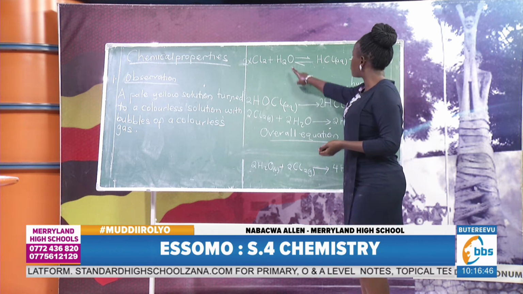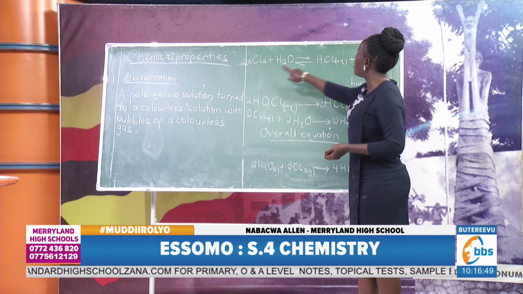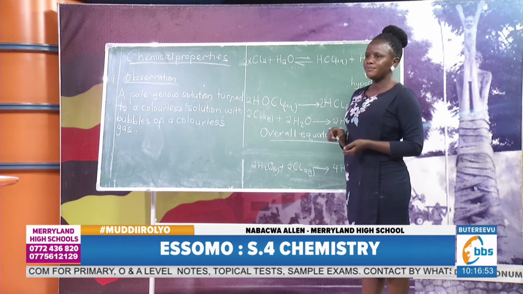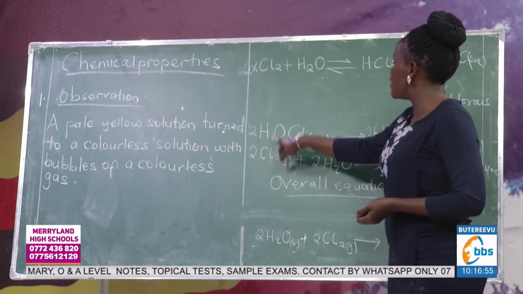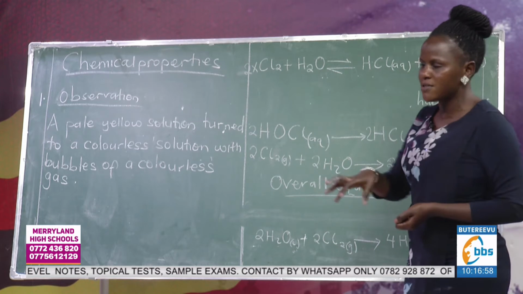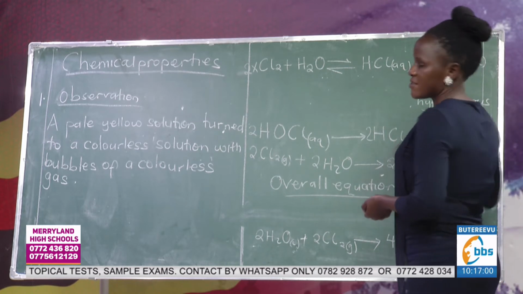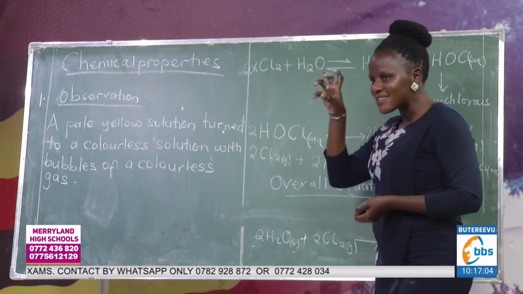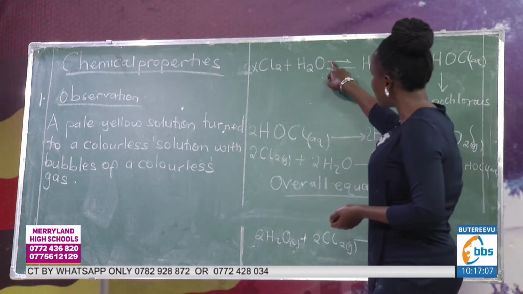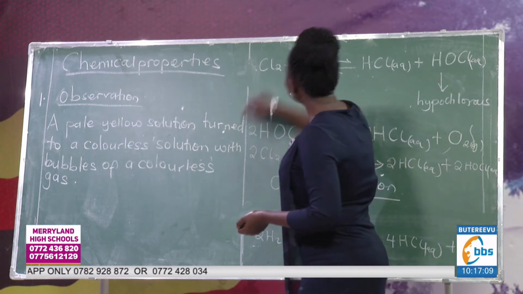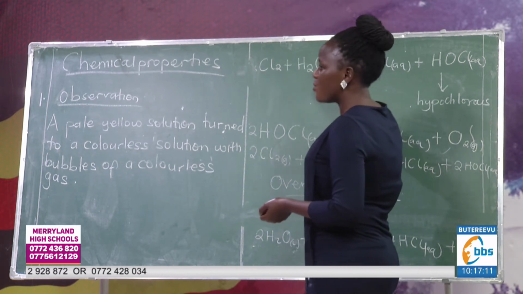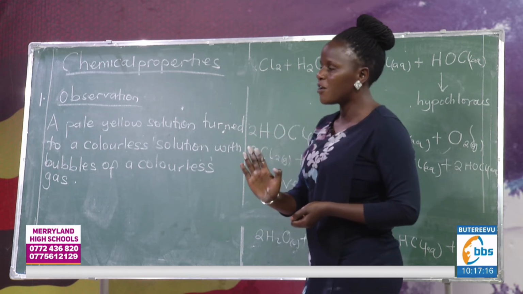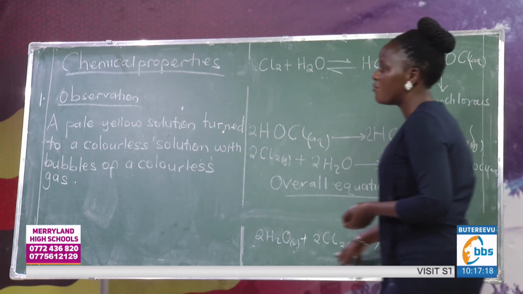The first equation is chlorine reacting with water to give you HCl and then hypochlorous acid. Then the second equation will be the hypochlorous acid decomposing to give you HCl plus oxygen. Please note, if the question wants equations, it means that you must write these equations when you have not multiplied. Write this equation, you also write this equation. But if it is asking for an overall equation, it means that this is the overall equation.